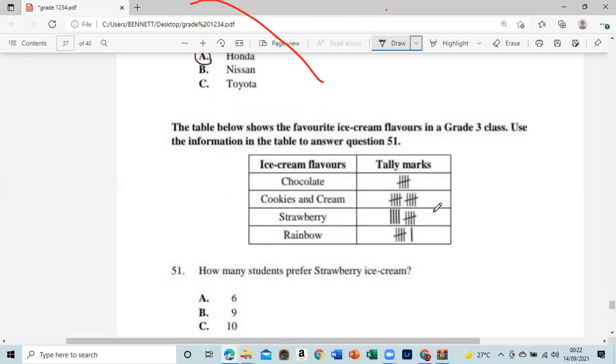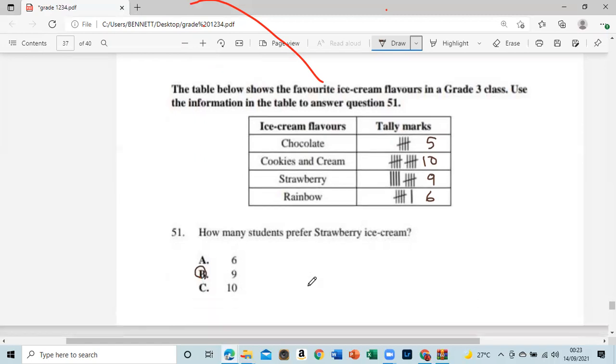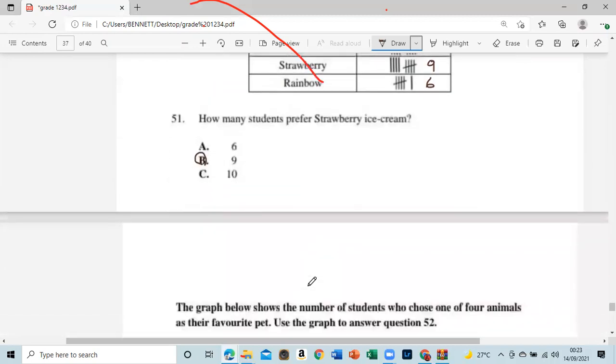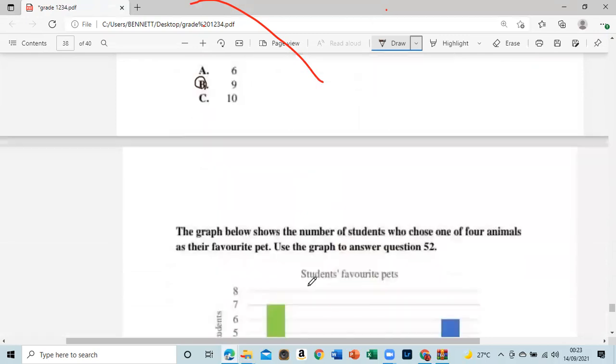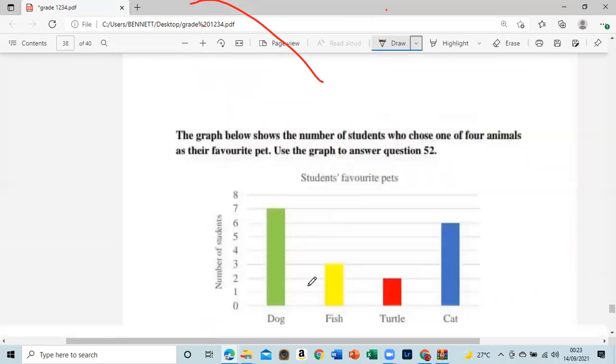So that is 9. This is 5. Once I see it cross, 5 plus 1 is 6. 5 and 5 is 10. And this is 5. Alright, very nice. As we encourage critical thinking, I want you guys to be super smart.